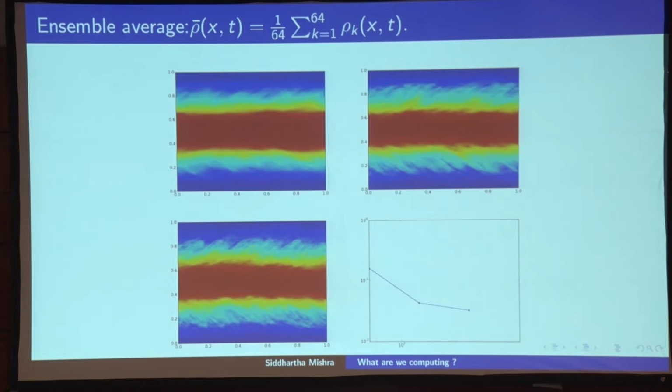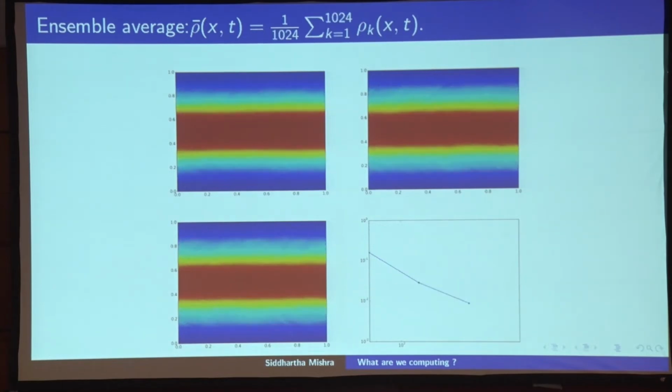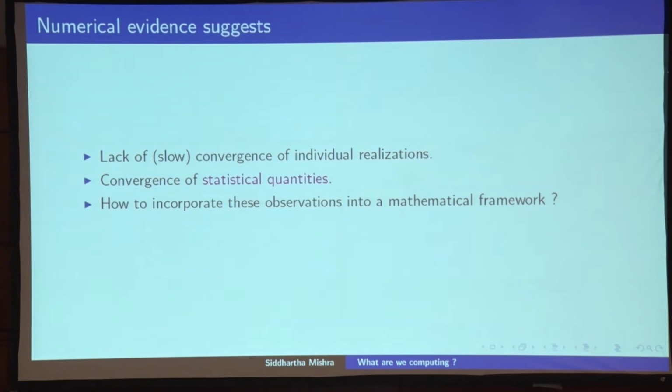When I take 64, you start seeing that the fine structure has been averaged out, and you start seeing some convergence. And when I take 1024 of these realizations, you start getting even better convergence, proper convergence here. So the numerical evidence says that even if your deterministic realizations, what I call samples, have bad behavior, statistical quantities are much better behaved.